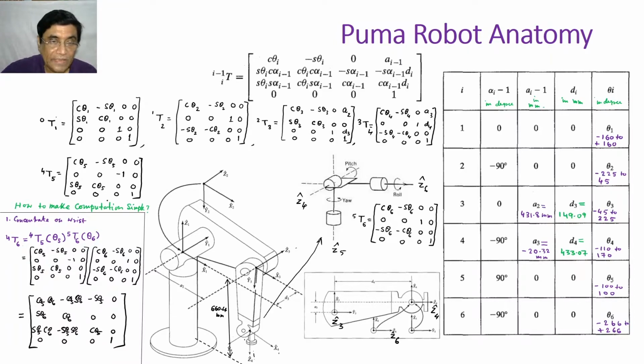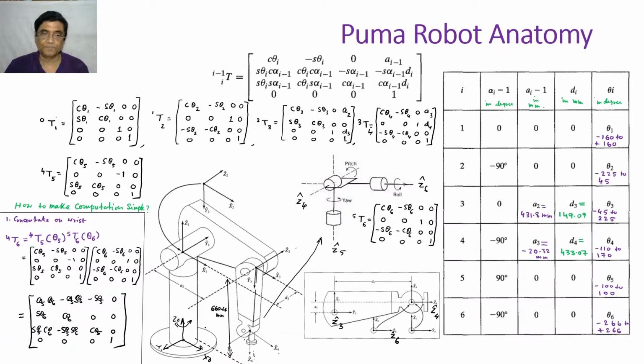Now, I can attach a coordinate frame at the base here, the 0th coordinate frame. Say this is x0, z0. About that, I could measure the θ1 angle, and 660 millimeter is the geometric height from the base to the shoulder.